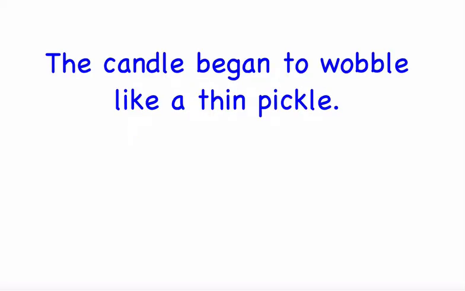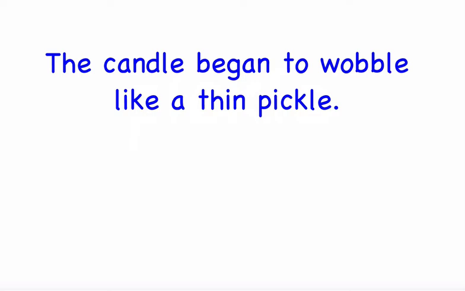W, a, b. Bull, 2 sounds. B, ul. Wobble like a thin pickle, pickle. Pick, 3 sounds. P, i, k, ul. Pick, ul. The candle began to wobble like a thin pickle.